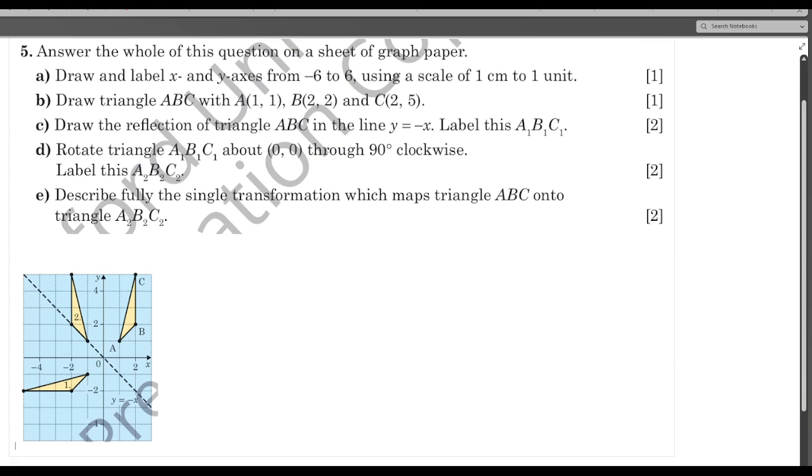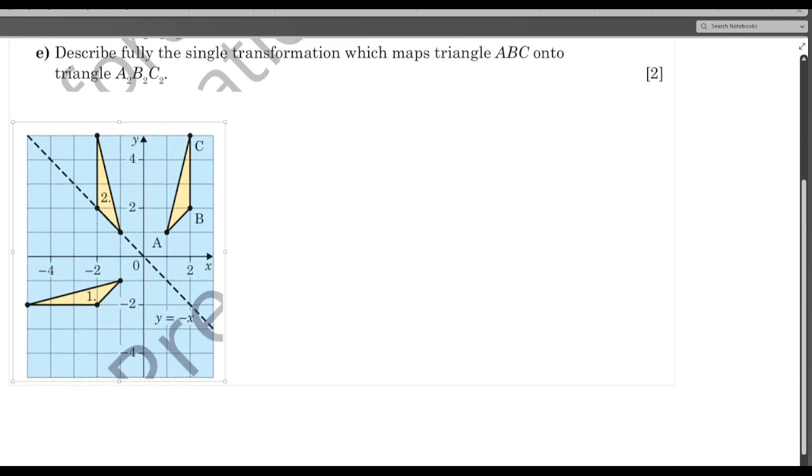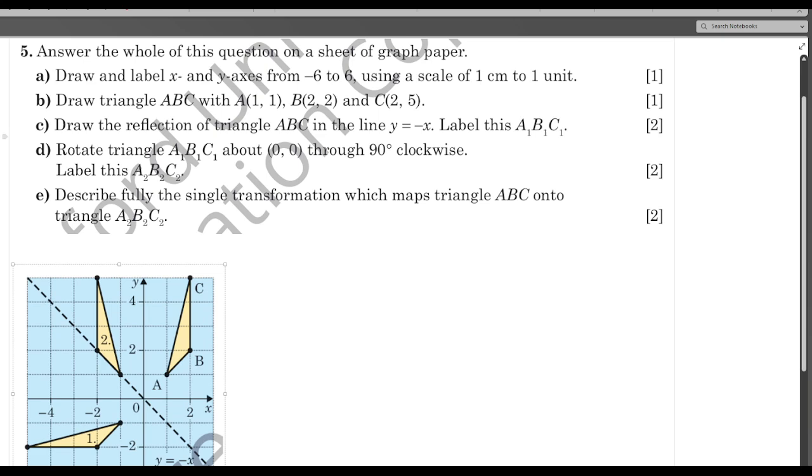Your triangles will look something like this. Now ABC to A2 B2 C2. First there was a rotation, and you get A1 B1 C1, rotation about 90 degrees.